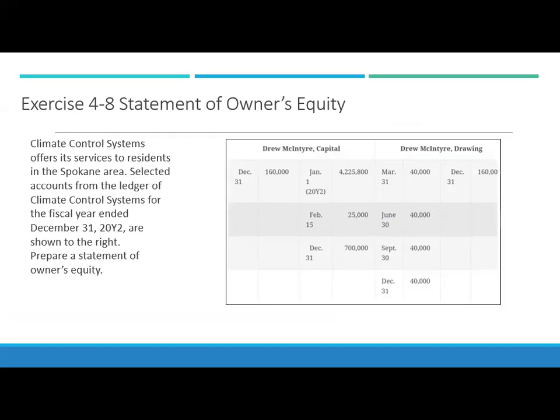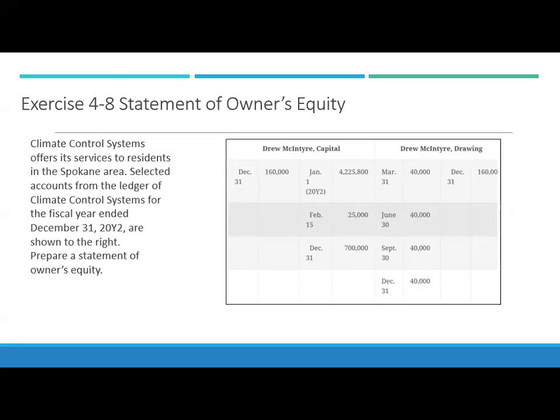We have an additional investment of 25,000. Then we have a $700,000 credit to capital on December 31st, and we have on December 31st a $160,000 debit to capital.